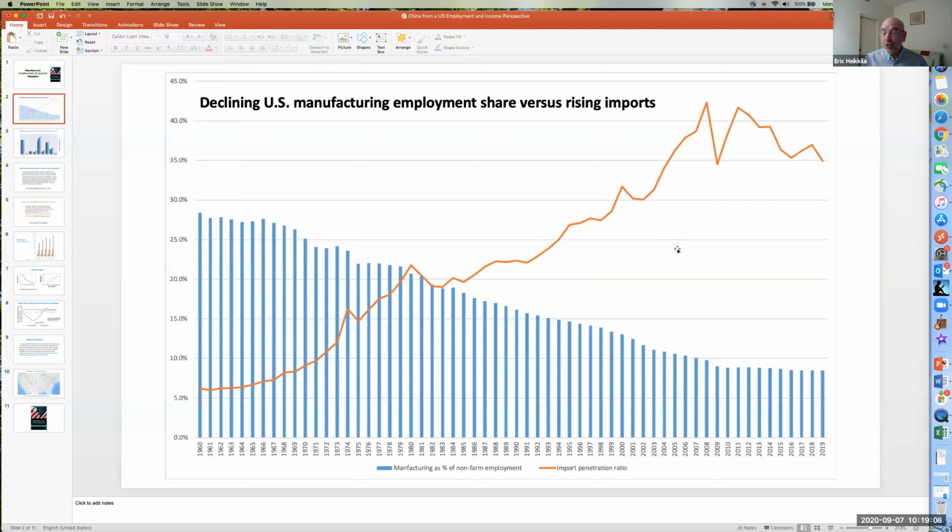So one thing to observe from the outset is that China's rise has been really over the last 3 or 4 decades, and this trend has been underway well before that.